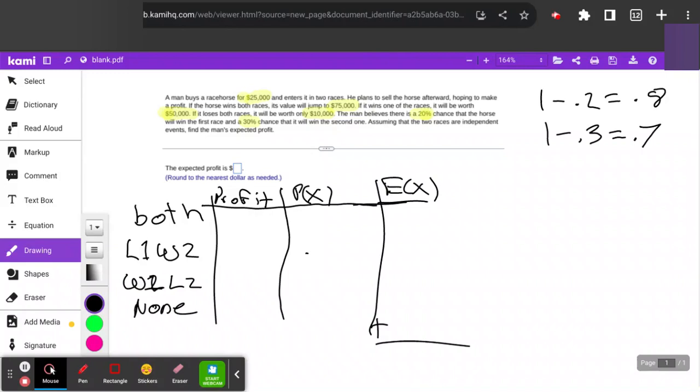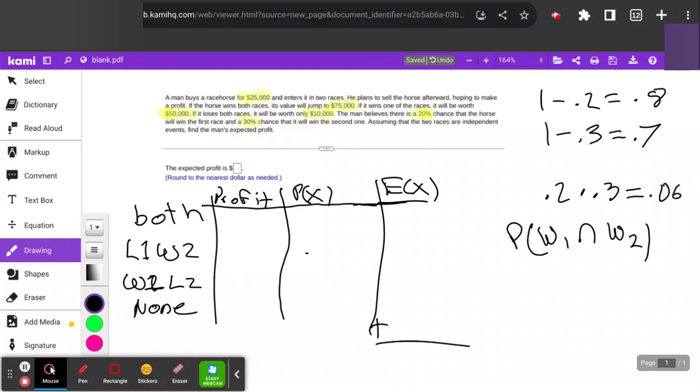So the probability that they both win is 0.2 times 0.3, because the notation for this is probability, let's just say W1 intersection W2. That means you have to multiply them both, which means 0.2 times 0.3 is 0.06. So now we have the probability of the horse winning both the races.